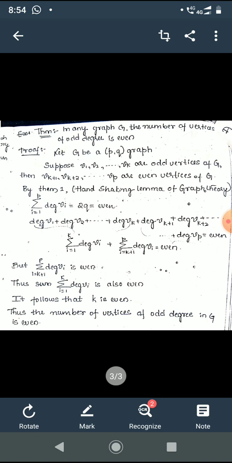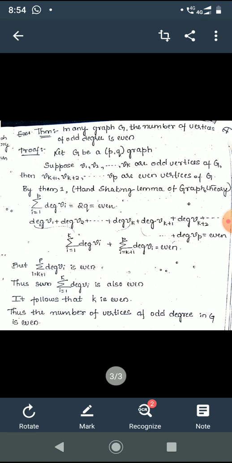Then by theorem 1, the handshaking theorem of graph theory, which we already discussed, the sum of degrees of vertices of graph G is equal to twice the number of edges, which is always even.